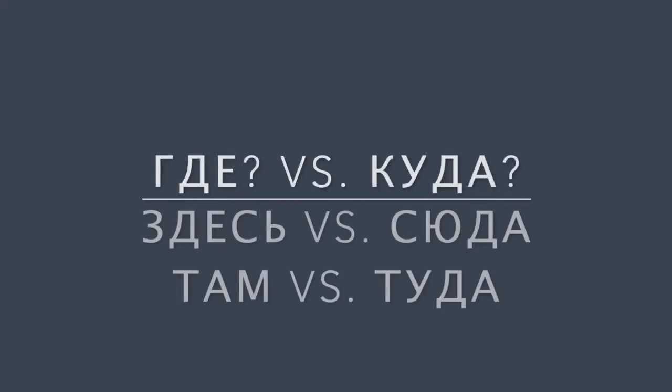But go there is иди туда. So once again we have где versus куда, здесь versus сюда, and там versus туда. Where to where, here to here, there to there.